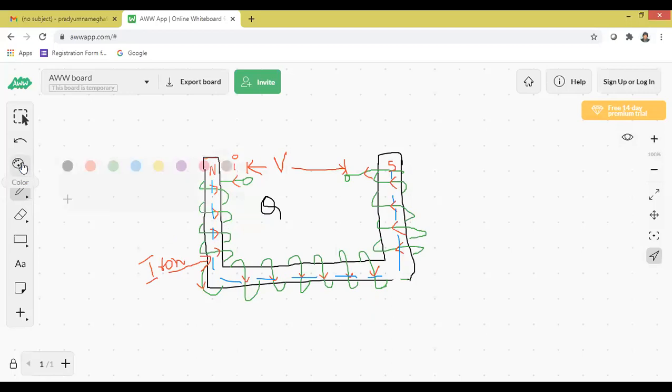Now I am drawing that magnetic energy also. So let us draw here, all of you. Here it is created everywhere. Magnetic energy is created everywhere. I am just drawing here.